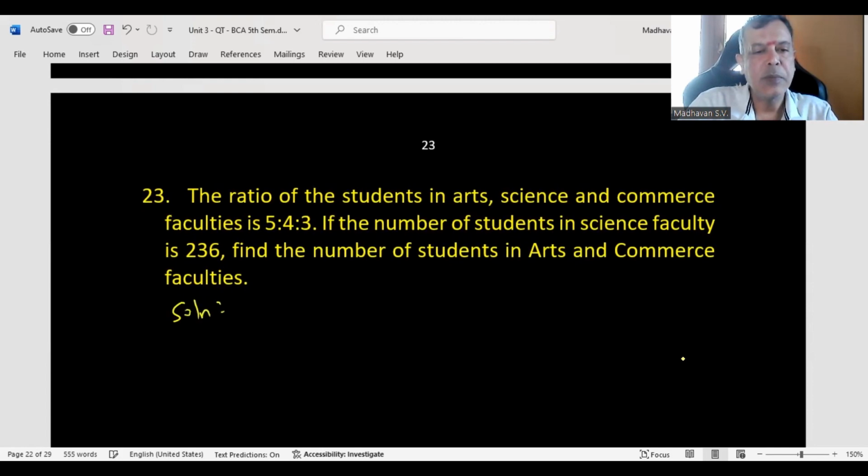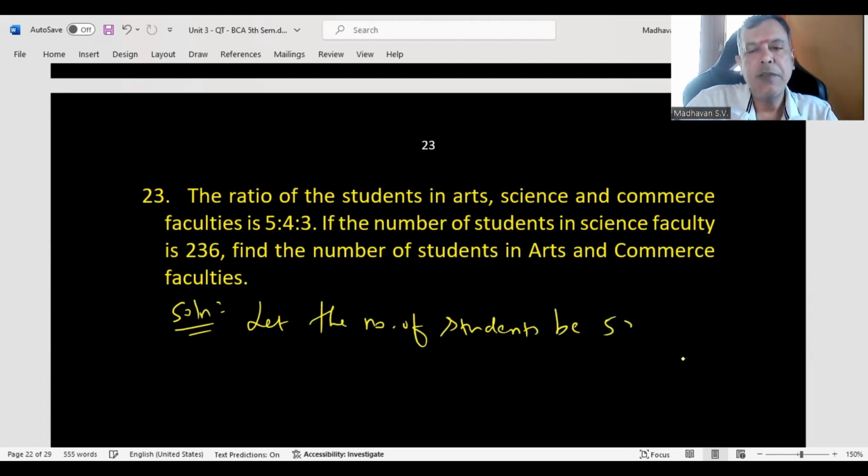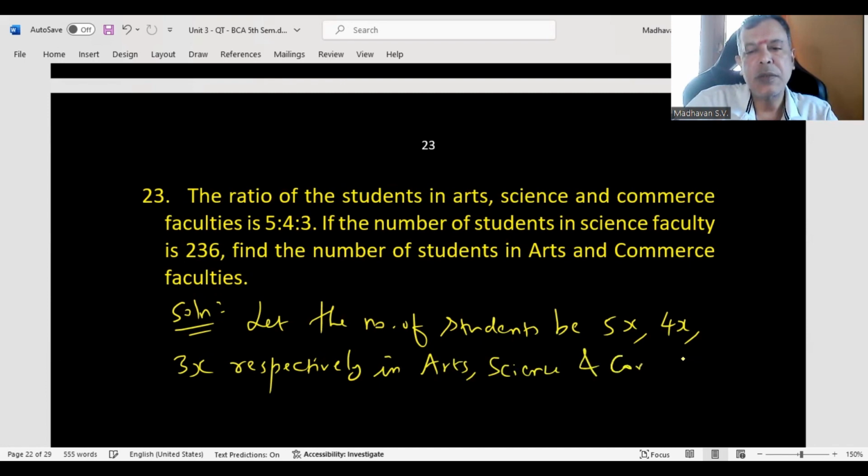Since the number of students is given in the form of a ratio, we can assume let the number of students be 5x, 4x, 3x respectively in arts, science and commerce.